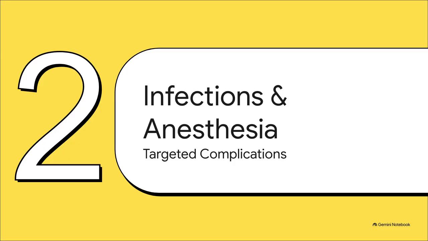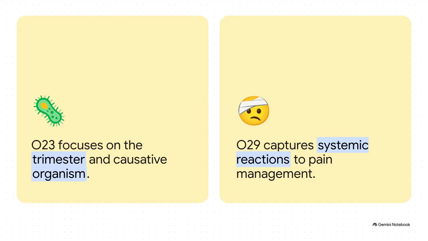Section 2. Maternal infections and anesthesia. Targeted complications. Let's see how this builds into some more targeted issues, because this brilliantly illustrates the difference in our coding focus depending on the condition. Think about the O23 subcategories for maternal UTIs. The primary driver here is the trimester, first, second, or third, and that gets paired with an additional code to identify the exact causative organism like E. coli.